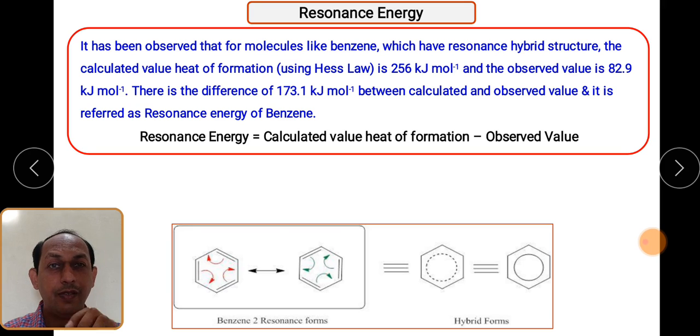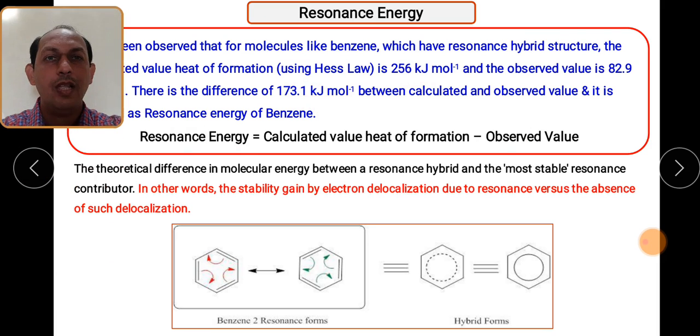So the resonance energy, we can say, is the difference between the calculated value and the observed value. We have to remember, the calculated value is 256 minus 82, which is equal to 173.1, which is the resonance energy. Therefore, there is a difference in molecular energy between the resonance hybrid and the most stable resonance contributor.